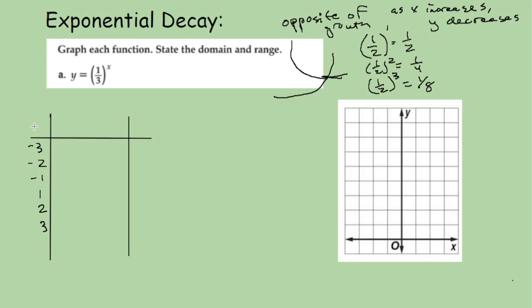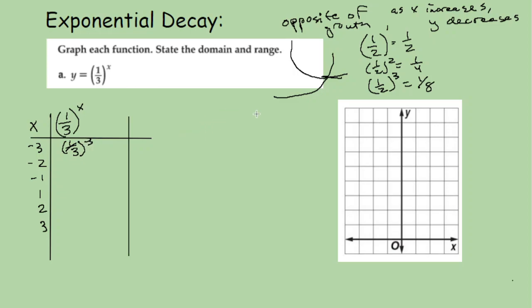This is where we've got to have strong fraction and exponent skills. If we're putting in (1/3)^x, we're raising this whole thing to this power. This means we're taking 1/3 and raising it to the -3rd power.